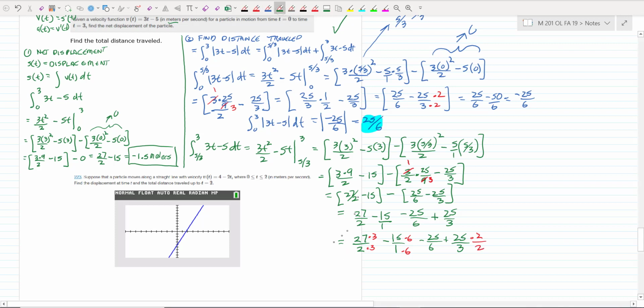Okay, so it looks like what we're going to get here is this first fraction, that's 81 over 6. This one is 90 over 6 minus 25 over 6 plus 50 over 6. So I'm going to go ahead and work that out. I'll just punch it in my calculator. 81 minus 90 minus 25 plus 50 is going to be 16.